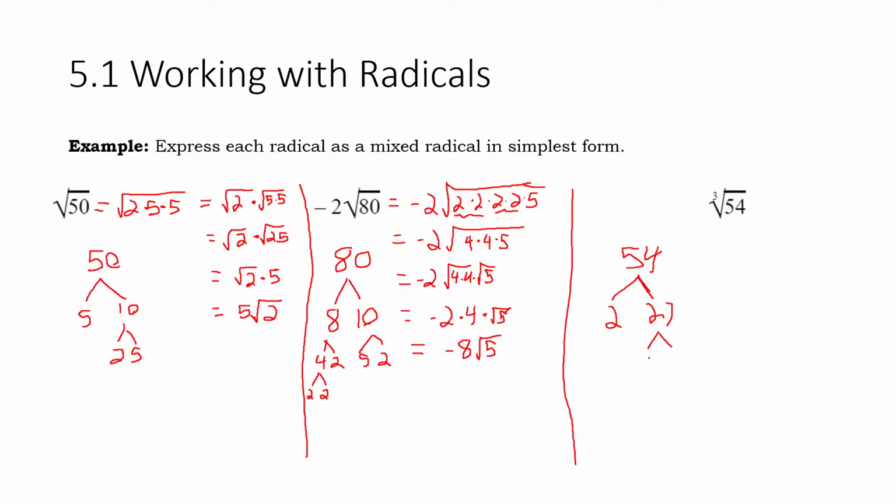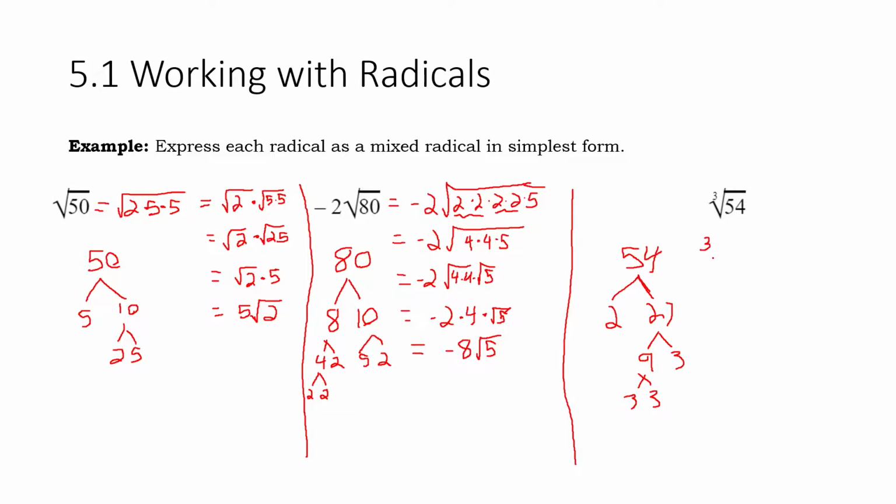27 can be split into 9 times 3. 9 can be split into 3 times 3. So the prime factors for 54 are 2 times 3 times 3 times 3. So we're looking for a triplet, and we can see our triplet here.